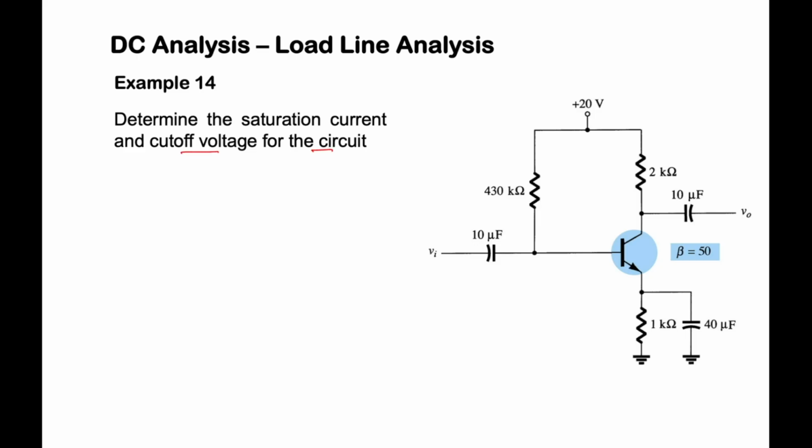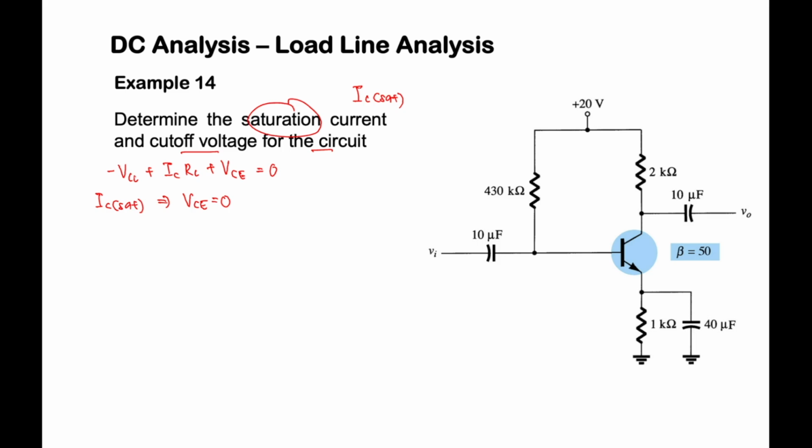In this case, they want to know the value of the saturation current, so it means IC saturation. What is the equation of IC saturation? Remember, negative VCC plus IC RC plus VCE equals 0. And IC saturation is found when your VCE is equal to 0.